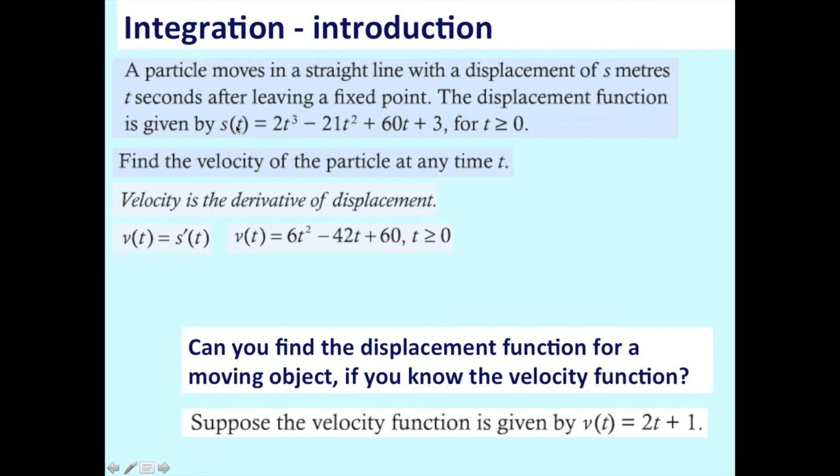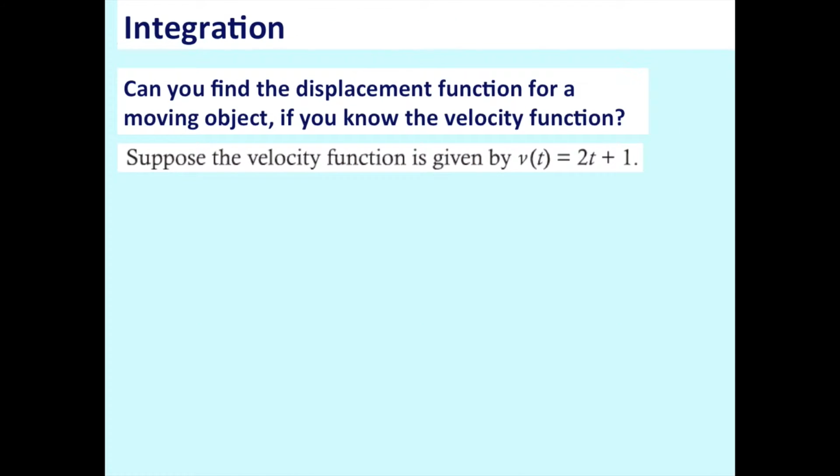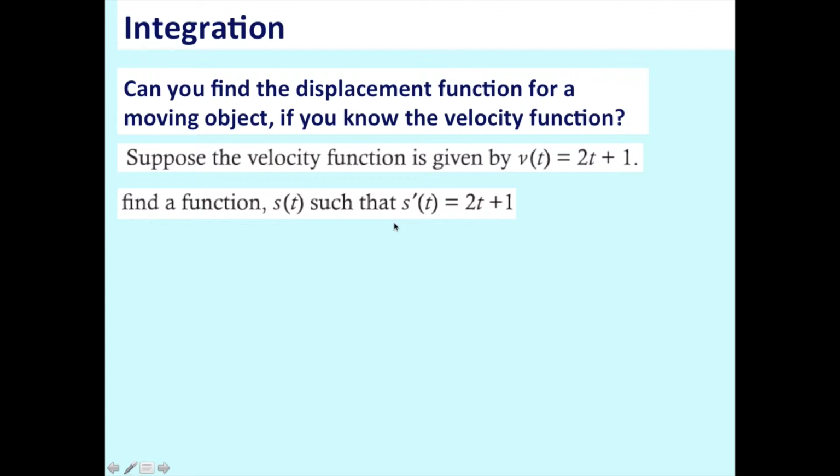Just try and have a go at that now. The task then is to find a function such that the derivative of the displacement gets you back to 2t plus 1. Now I suspect most of you probably ended up with this, which is correct. If I find the derivative of this, I do get back to 2t plus 1.